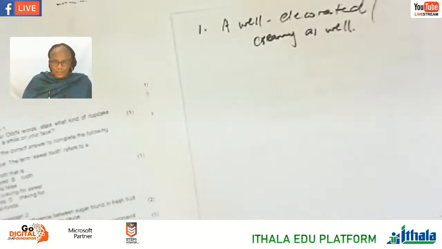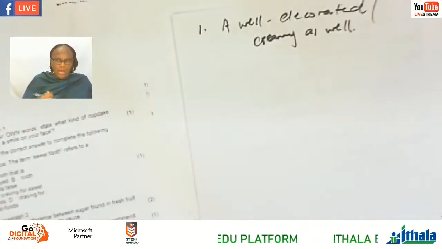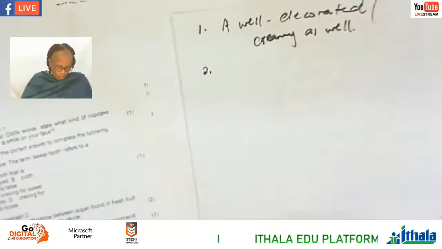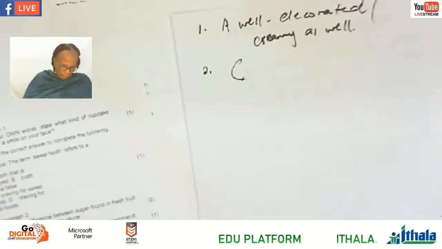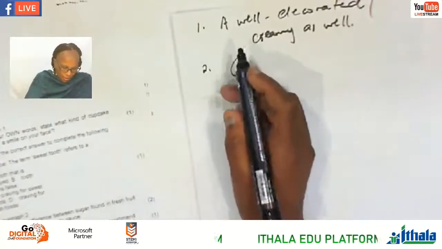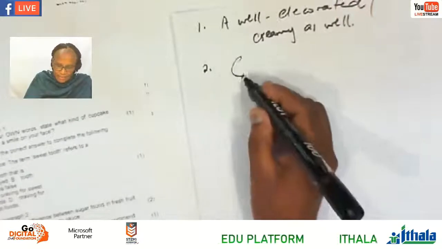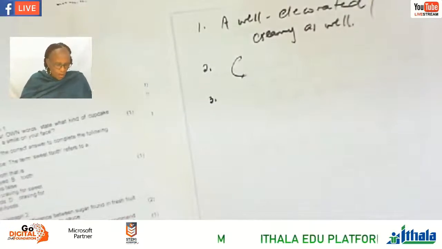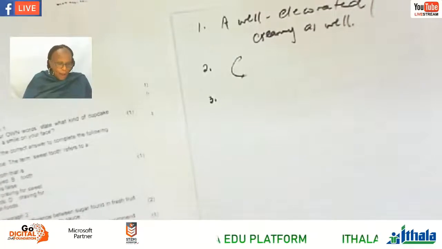When you have a sweet tooth, umuntu on a sweet tooth is somebody who likes izinto sweet. So, vele answer yethu la ka number 2 is C. C, craving for sweet foods. Right, 1 mark. So you just write. You don't have to write the whole thing. You can write capital, which is C. The answer is C.